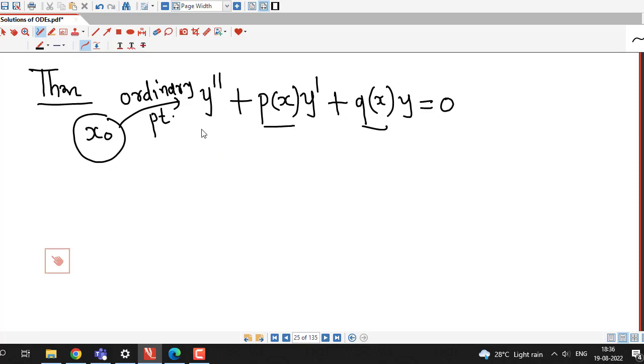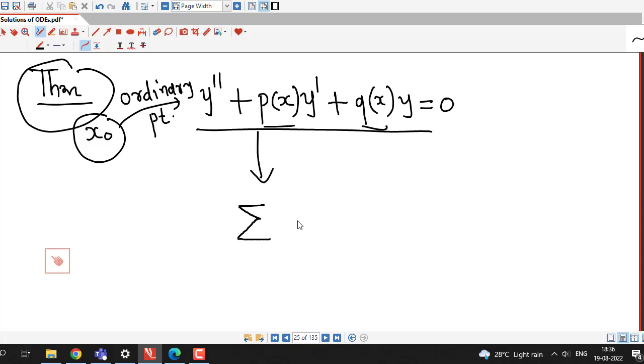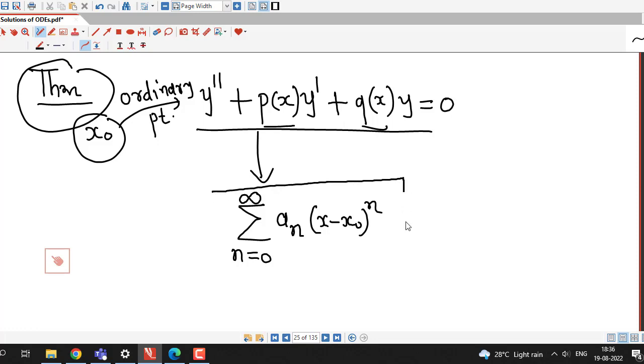Then the theorem says that this differential equation has a power series solution in this form: sigma a_n times (x minus x0) raised to n, n equal to 0 to infinity. If x0 is an ordinary point, then the power series solution will always be in this form.